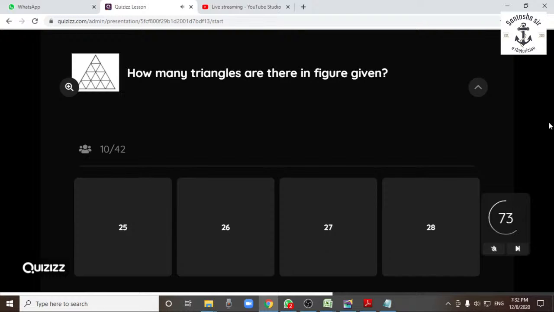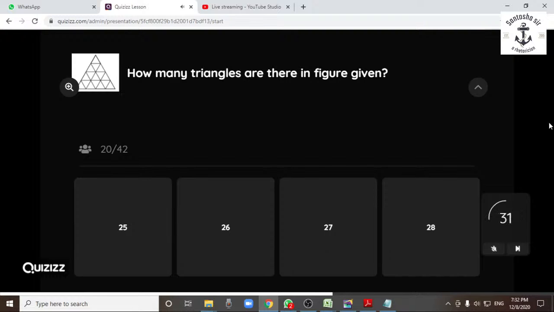75 seconds more. 60 seconds more. 40 seconds more. 35 seconds more.